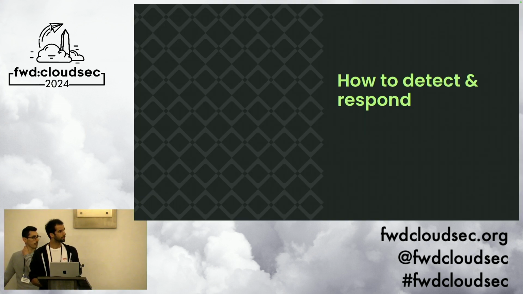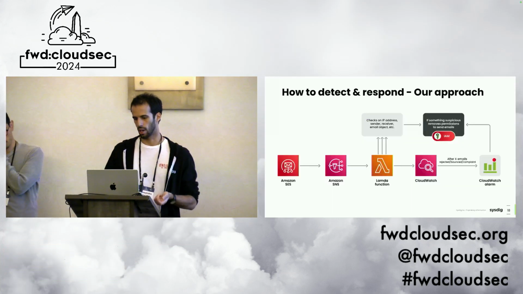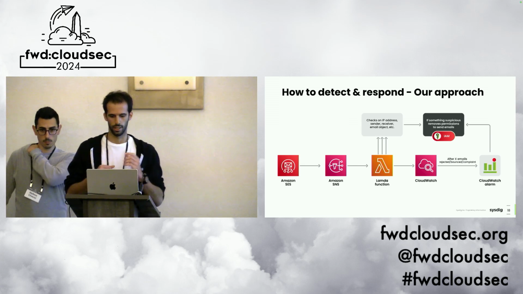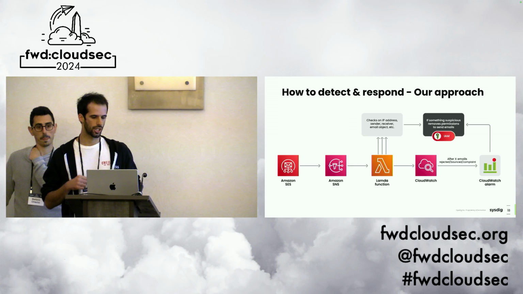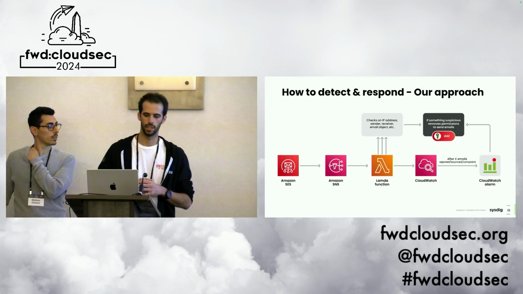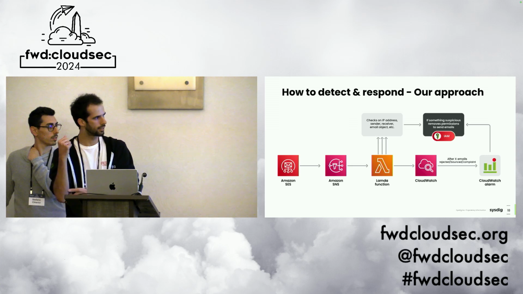So if CloudTrail cannot be used to log send email APIs, we wondered how we can detect and respond in an automatic way to this kind of attack. We came up with an approach that can be easily implemented for attack scenarios like this, and which starts from configuring SES to send SNS notifications for every email that has been sent.